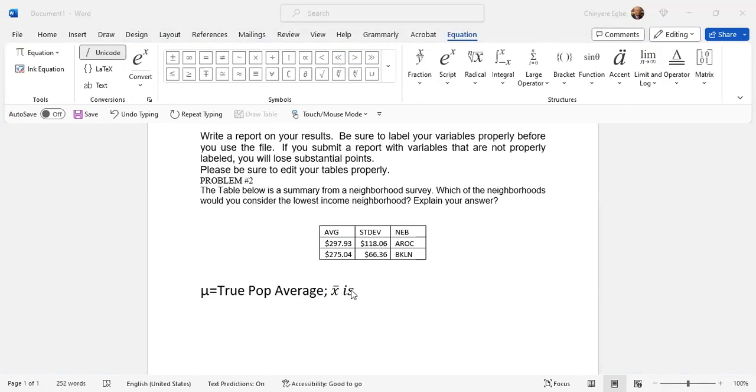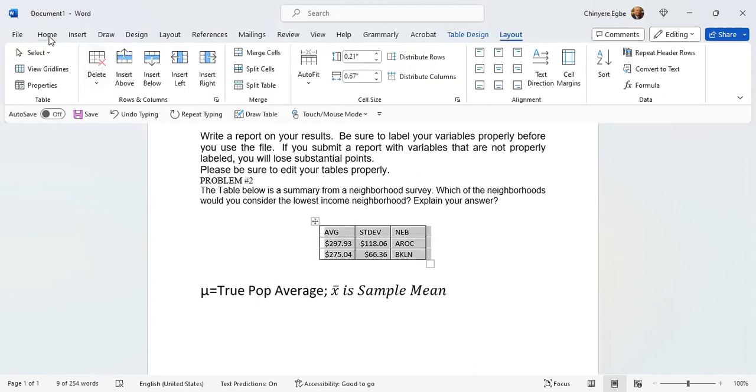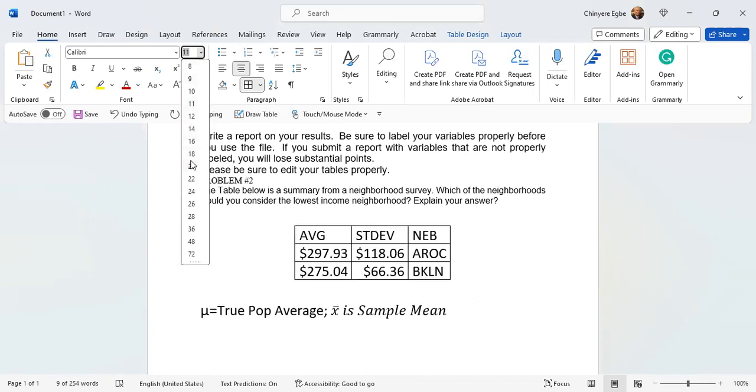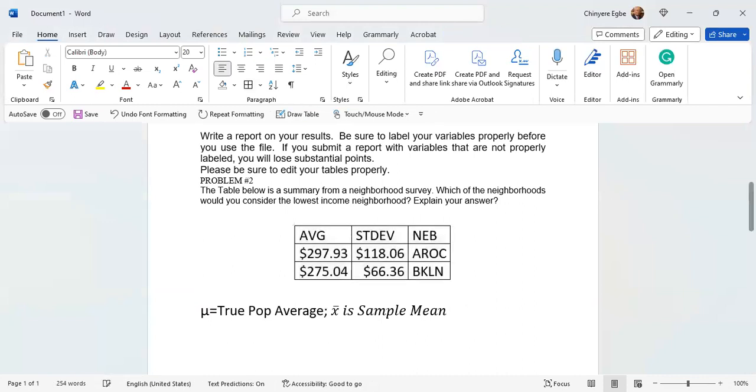So X bar, as we see here, is the sample mean. We calculate this X bar, and then we use this information from the sample mean, which we have here as 293.7, and we use it to estimate what the true mean is. So we ask ourselves, what is the formula?